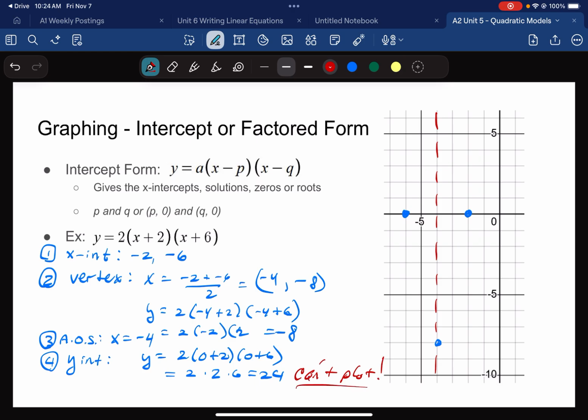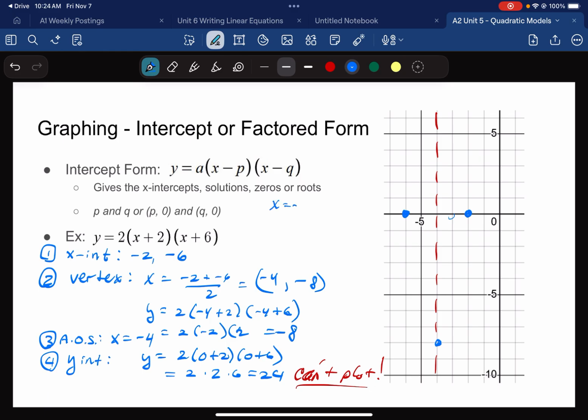Not enough space. So I pick a value. What value should I choose for x to plug in and get another ordered pair? Well, if I just go to either side of the x, the axis of symmetry is at -4, so I'm just going to go over here to -3, and I'm going to plug in -3 for x.